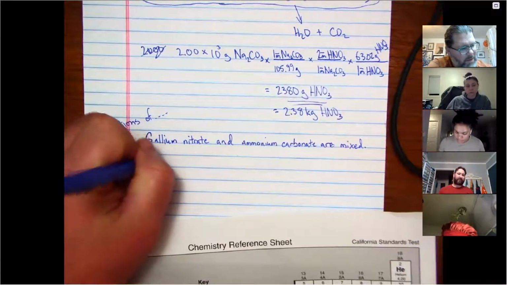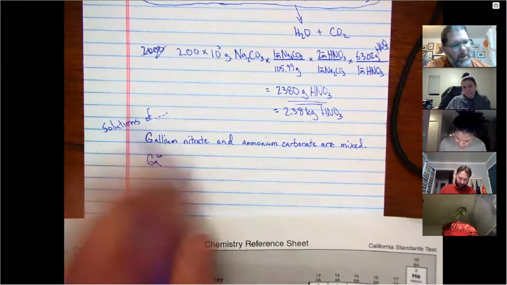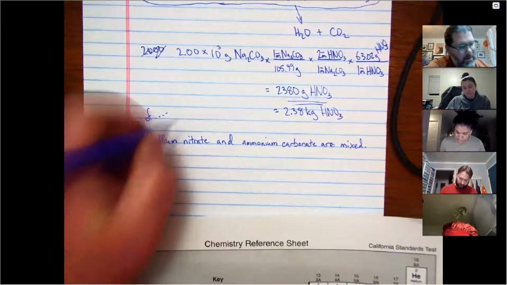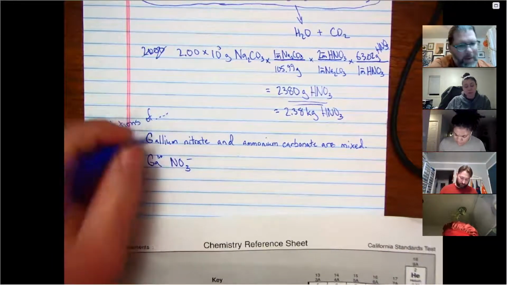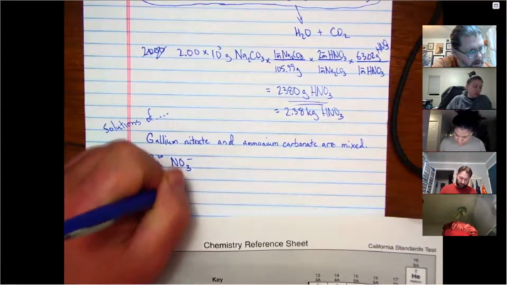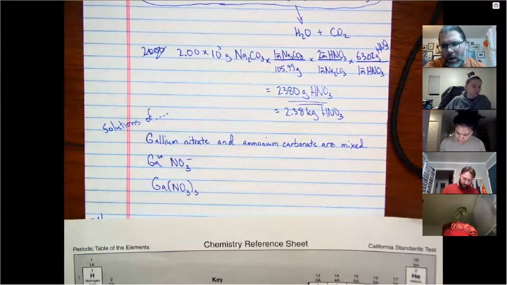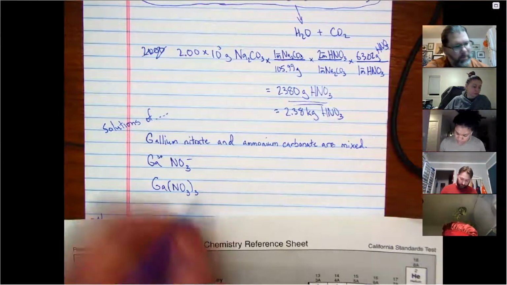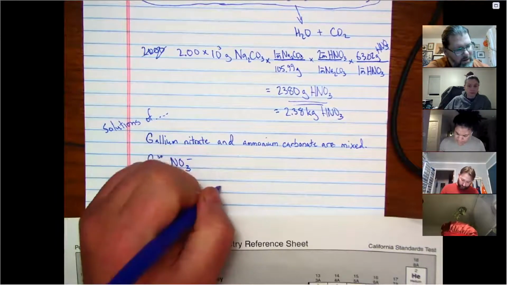So if gallium's a +3 and nitrate is NO3 with a -1 charge, then when we put those together, the correct formula has to be Ga(NO3)3. And that's a solution, so we're going to mark it aqueous.